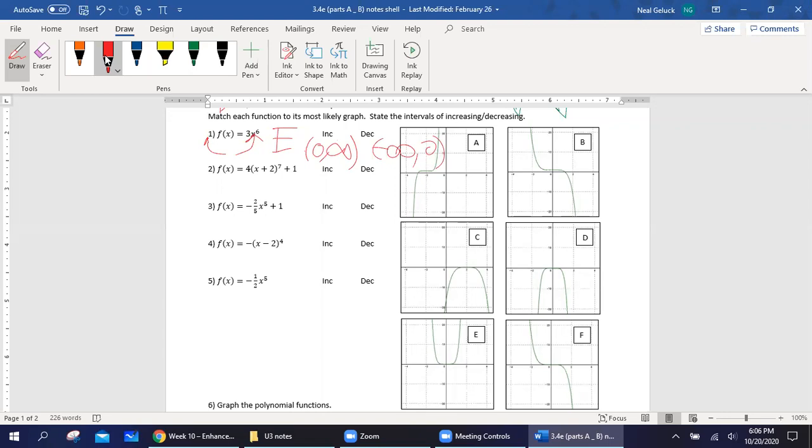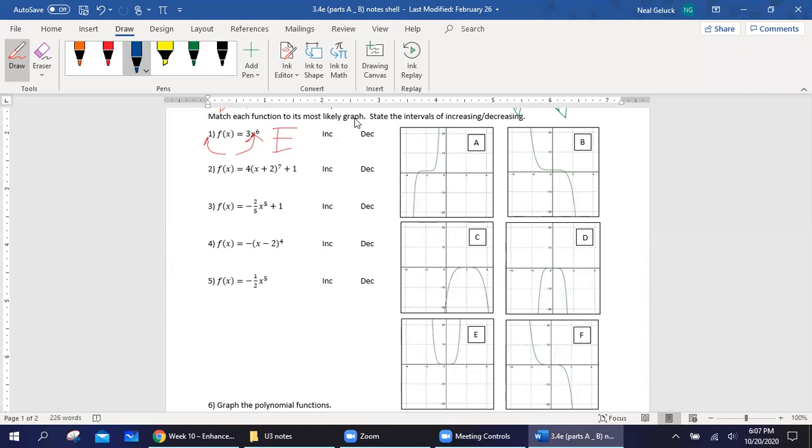For number 2, it's an x to the 7th. Okay, so that tells me opposite directions. So I'm looking at either A, B, or F, because those are all going in opposite directions. It's positive out in front, so that means it's going from bottom left to top right.